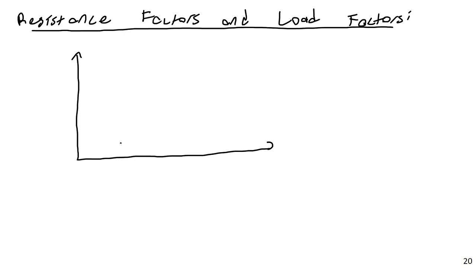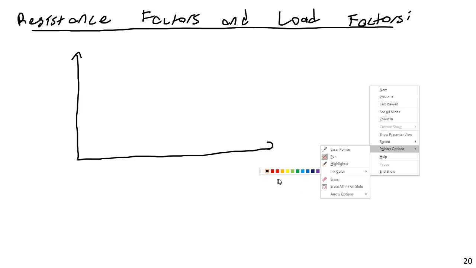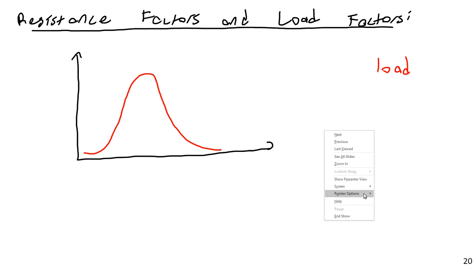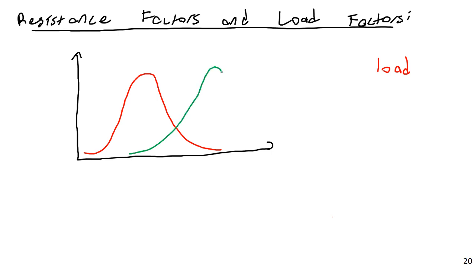Let's say I'll do one curve for supply and one curve for demand, or one curve for loads, the other for resistance. So let's say I have one bell curve, and this is load. And another bell curve that will be resistance. As we already know, we'll never be able to exactly know the maximum loads a structure will encounter. We can estimate it with the best of our ability, but we can never know 100%.